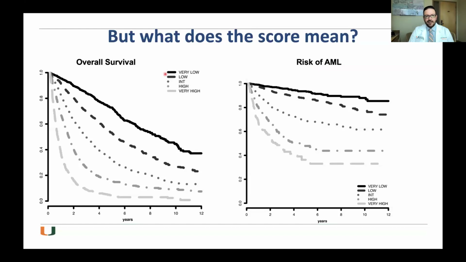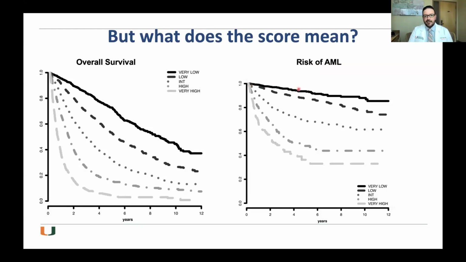This is also, besides just the survival, which of course is the most important thing, about the risk of becoming AML. As I mentioned, over time, MDS can become AML, but not everybody. That doesn't happen with the majority of people. So this risk classification can also tell you the risk of becoming AML.